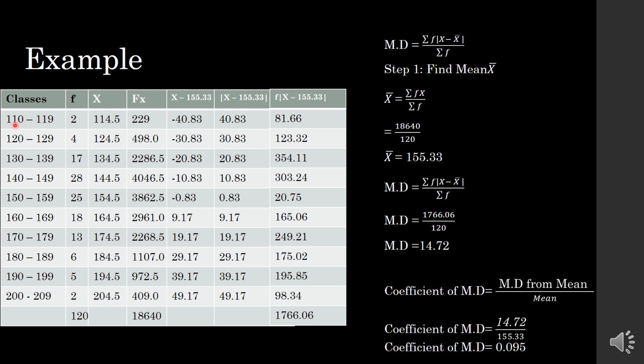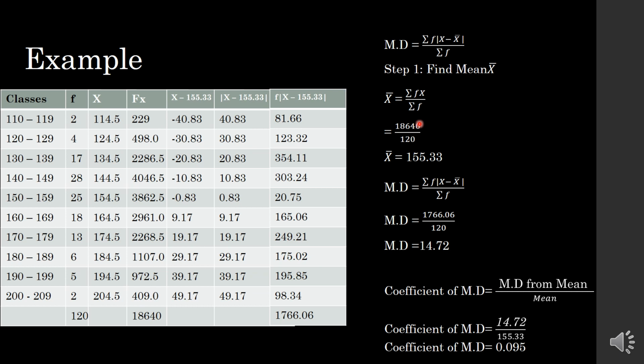Midpoint means the lower class limit plus the upper class limit, divided by 2. With this method we find all the midpoints of our data. Because in the formula of mean we need fx, we multiply the x column by f, and after finding it we sum this column.